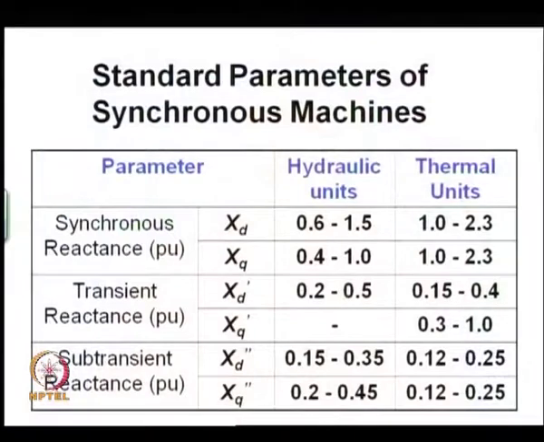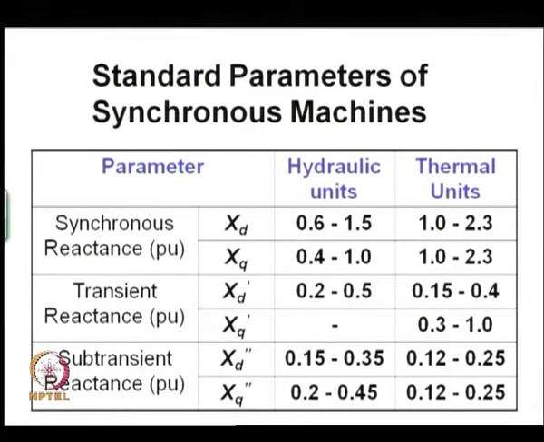Before we do that, let us look at the typical values of standard parameters. For example, synchronous reactance x d in per unit. Remember that if we are working in per unit, we can interchangeably use L d and x d. That is, L d in per unit is the same as x d in per unit, and so on for all the reactances.